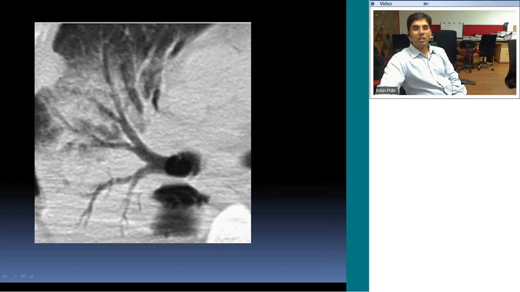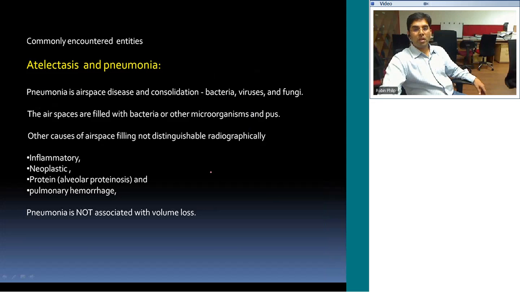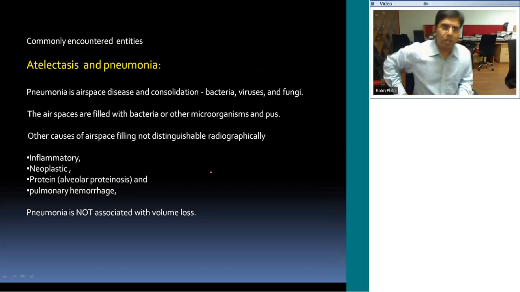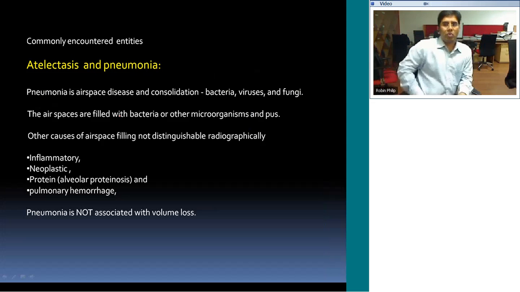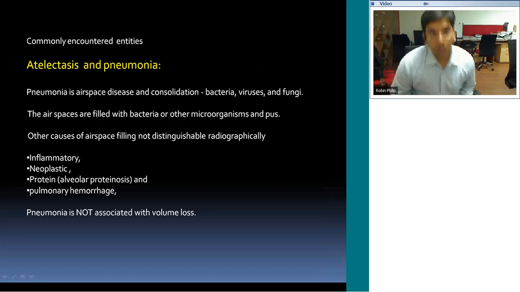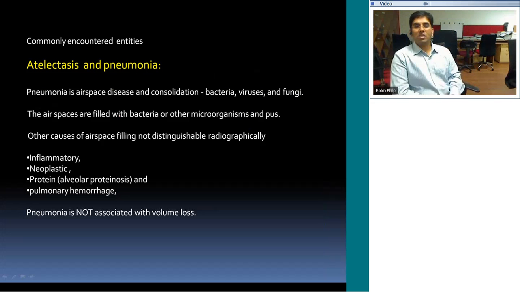This is a different patient, CT view. This is how it looks. This is what is called air bronchogram. The main bronchi are outlined, whereas the rest of the lung is kind of collapsed, opaque. And then the other commonly encountered entities, we would often hear pneumonia, infiltrate, atelectasis in these radiographic descriptions.